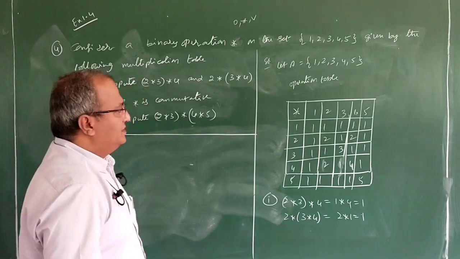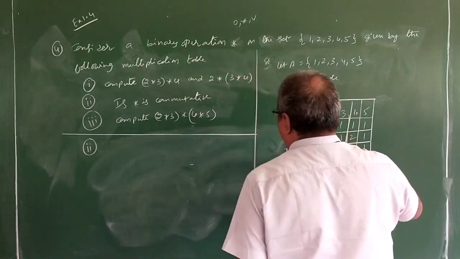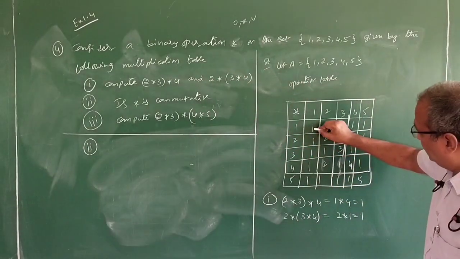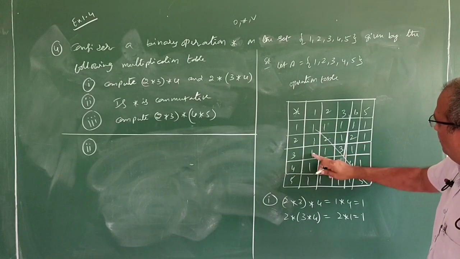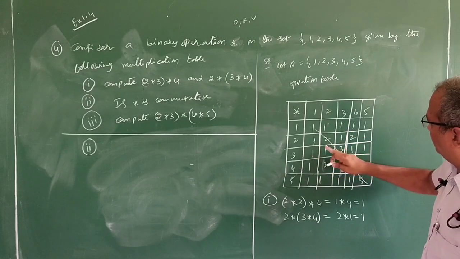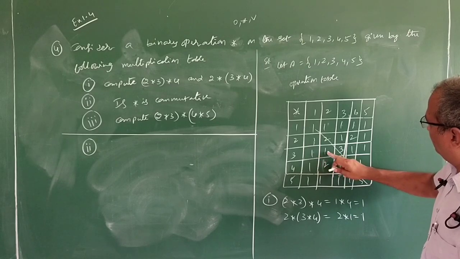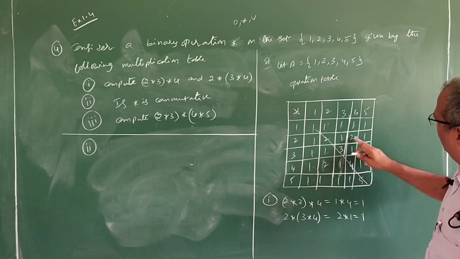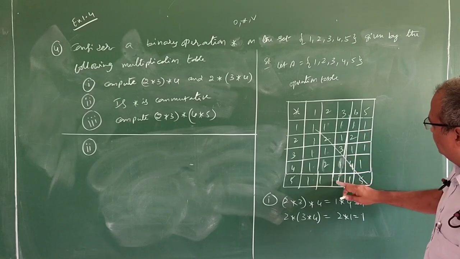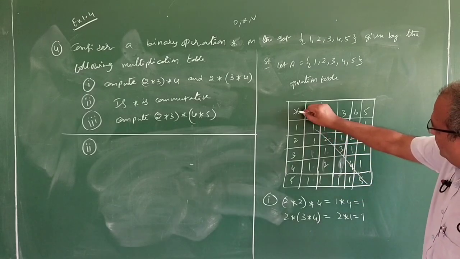The next one is whether it is commutative. When checking for commutativity, what do we have to check? See, it is the diagonal. Now 1 1 1 1 and 1 1 1 1 2 1 2 1, like this. What is happening when you take the diagonal?